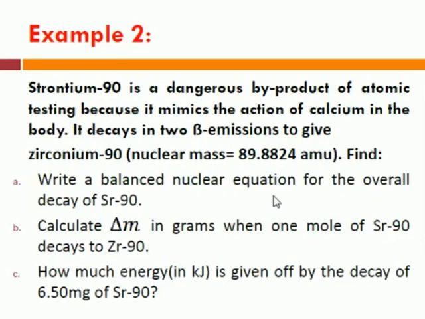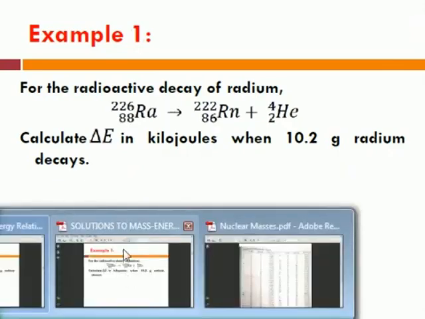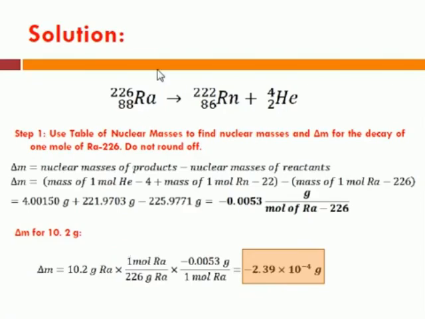So, to compute for the delta E, we have to find first the delta M. So, let's proceed with the solution. Use the table of nuclear masses to find the nuclear masses and delta M for the decay of 1 mole of Ra-226. Again, take note, do not round off the nuclear masses.